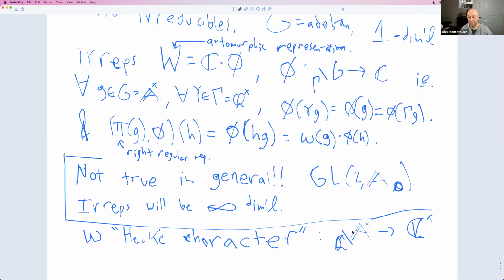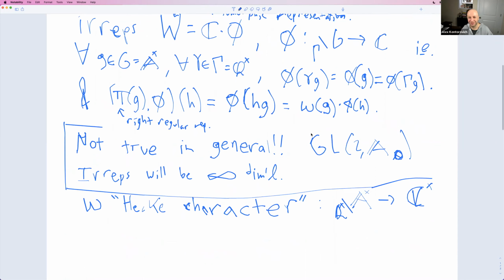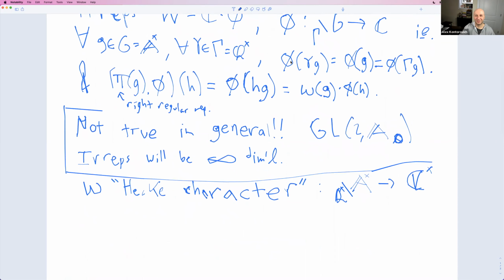So it's a character. Well, let's stare at these two facts side by side.